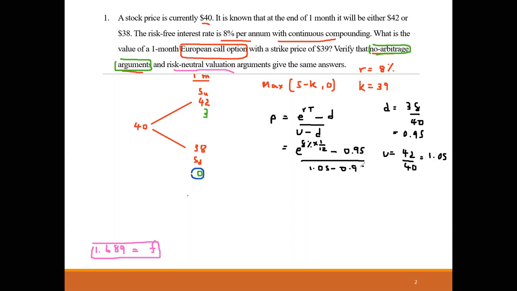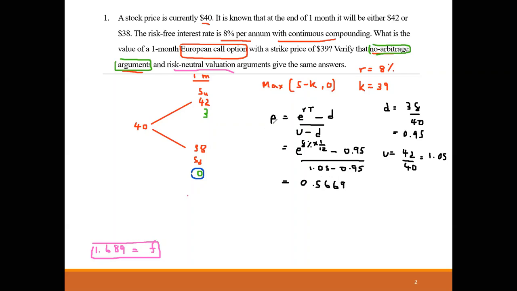P is the probability of a price increase. So calculate and see, you should get 0.5669. So that is the value of P.